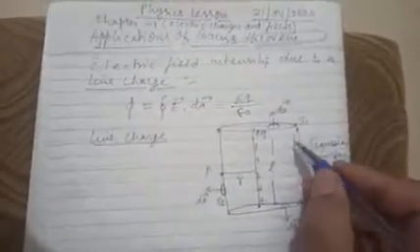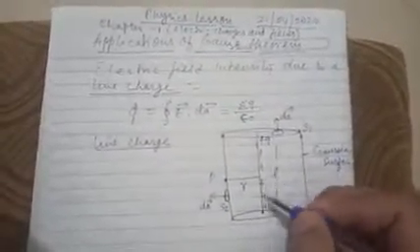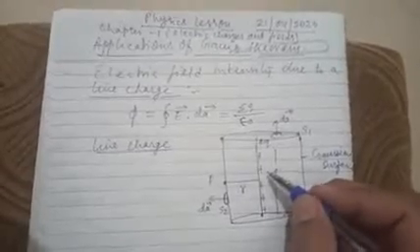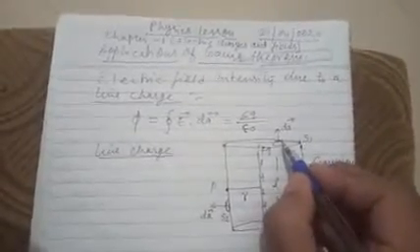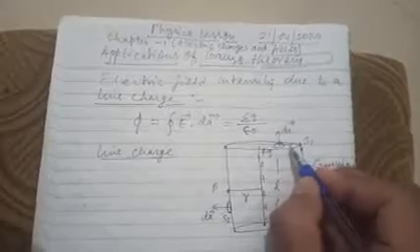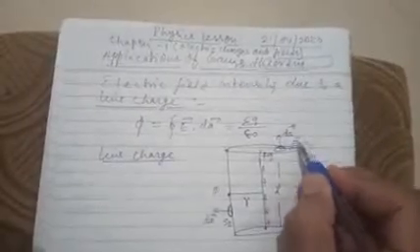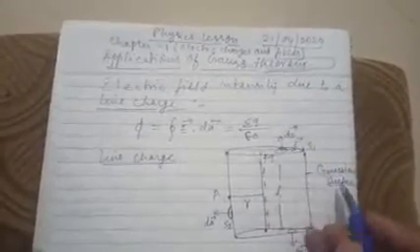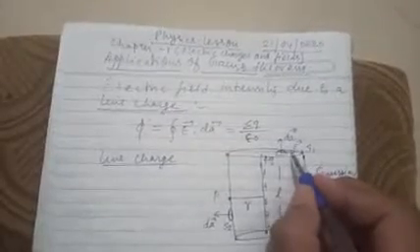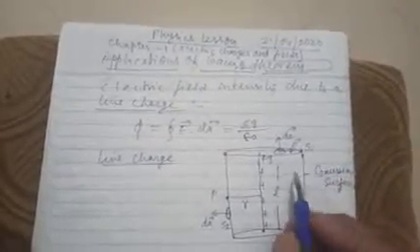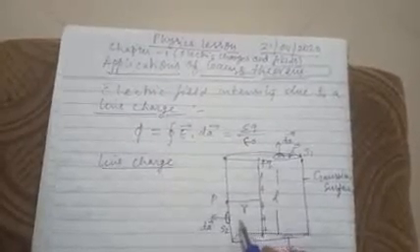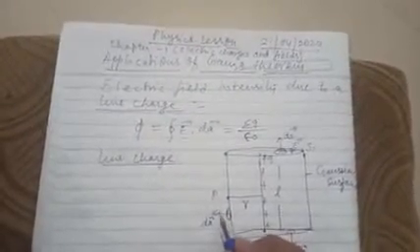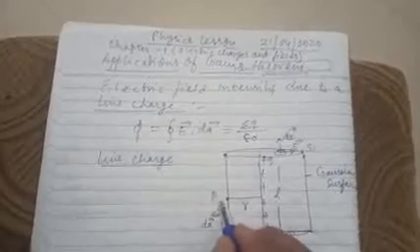Now we have to mention the direction of electric field intensity due to this line charge. At this surface, electric field is away from the positive charge. For this surface, electric field is away from the positive charge, so electric field intensity has direction like this.